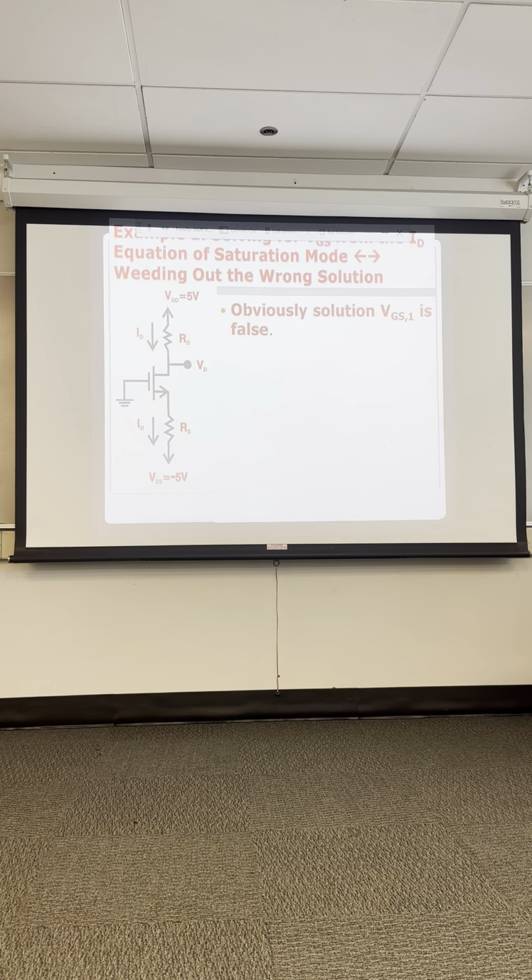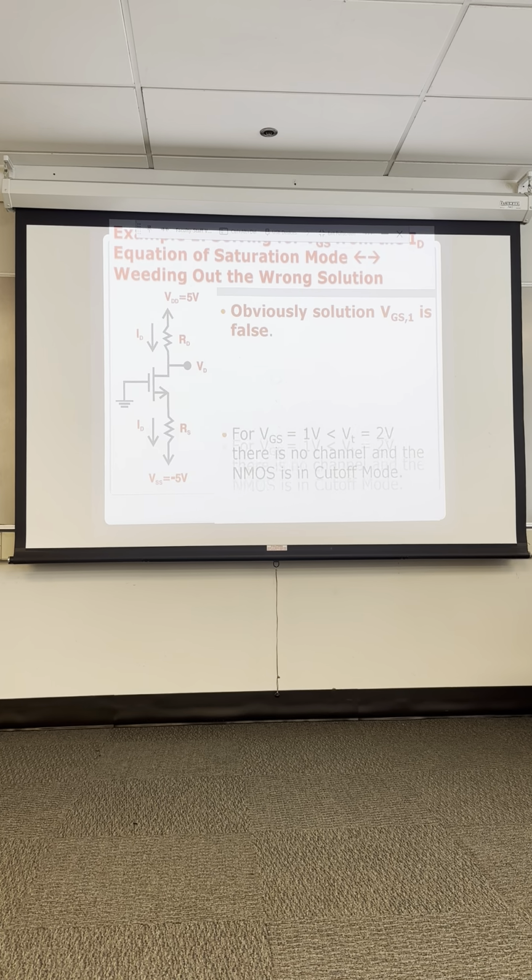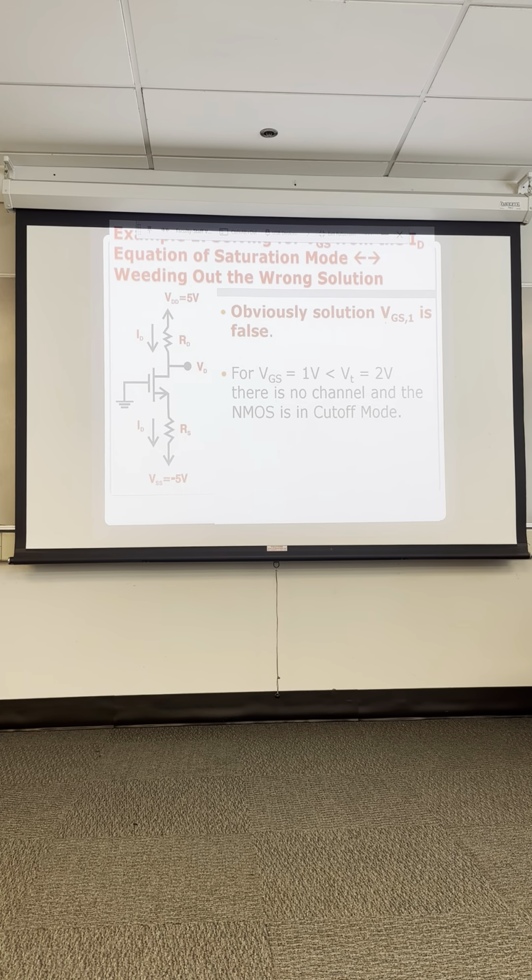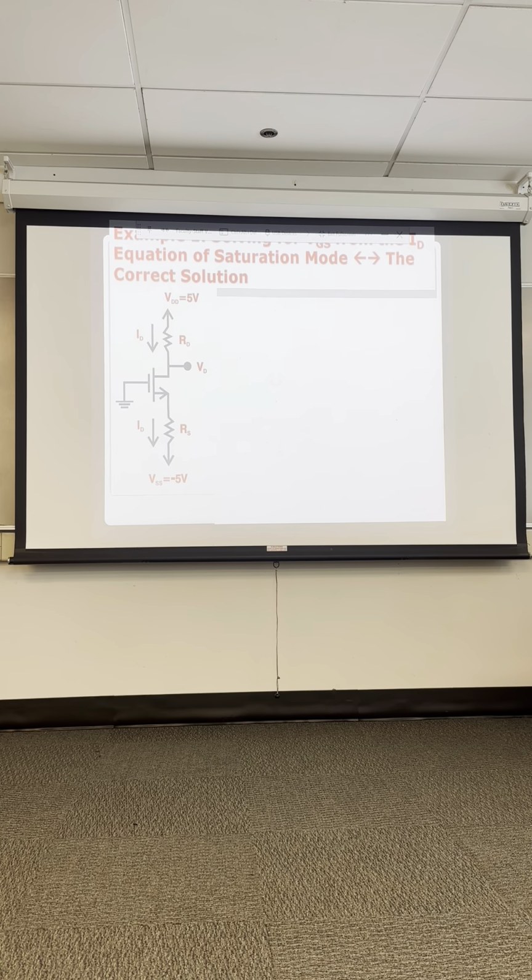If we had decided it was 1 volt, the note at the top is that that would be a false outcome. If the gate to source is 1 volt, that's less than the turn on of 2 volts, so the MOSFET would be in the cutoff mode. Now that might end the problem pretty quickly, but it also produces a large error in the result, not being clear on which one of the gate to source voltages will keep the MOSFET in saturation.